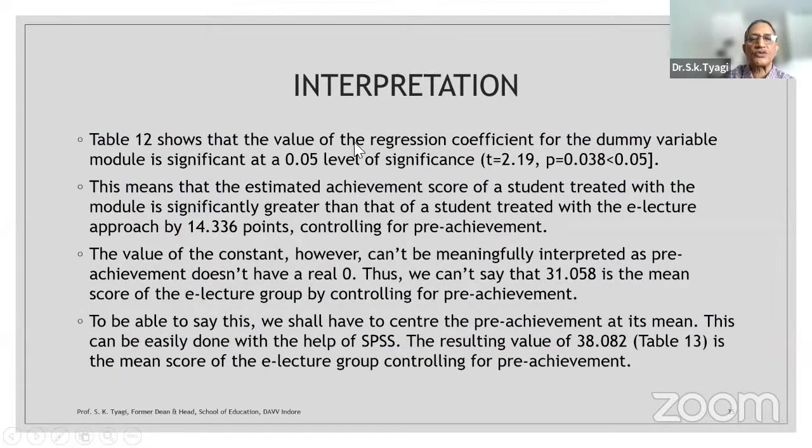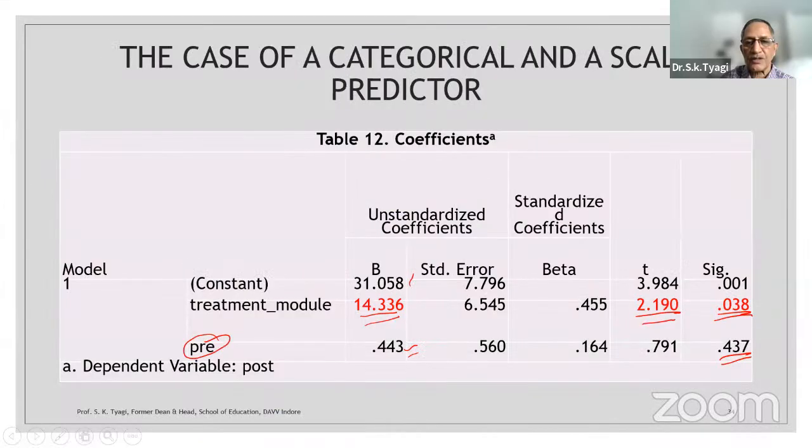Now, table 12 shows the value of the regression coefficient for the dummy variable module is significant at the 0.05 level of significance. T is 2.190. I have left the model summary and all, that is repetition.